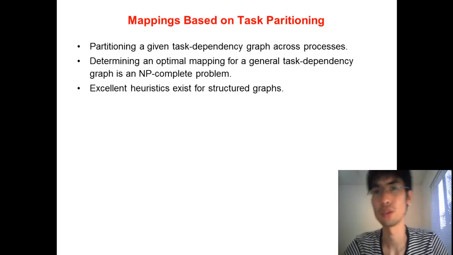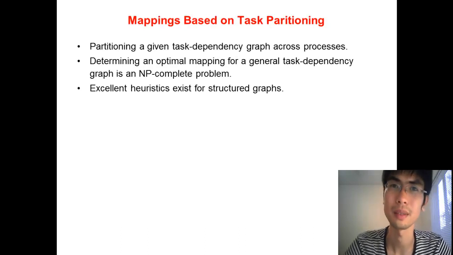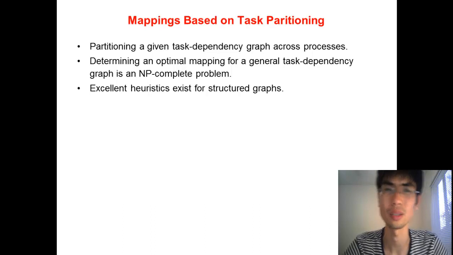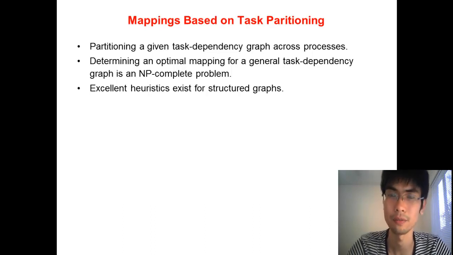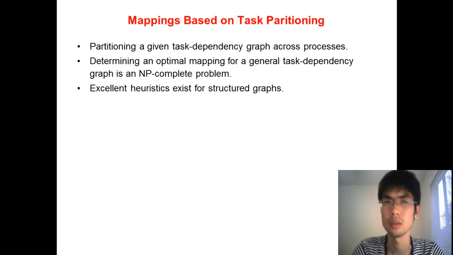Okay, mappings based on task partitioning means partitioning a given task dependency graph across processes and determining an optimal mapping. For a general task dependency graph, this is an NP-complete problem, and excellent heuristics exist for structured graphs.